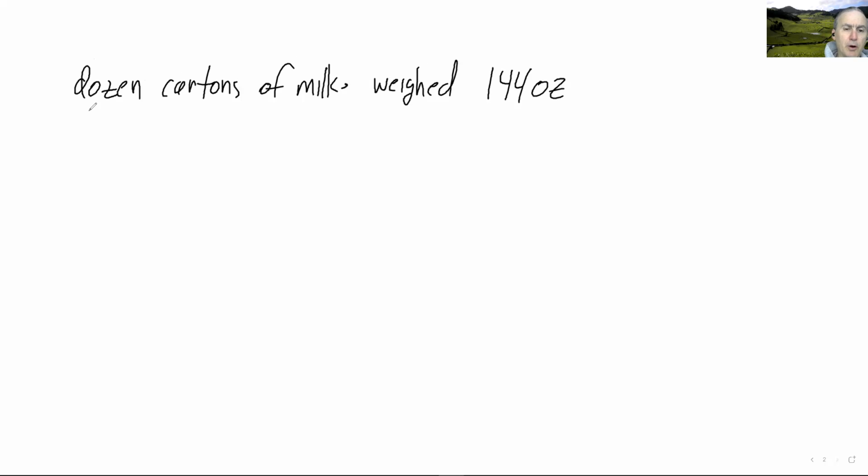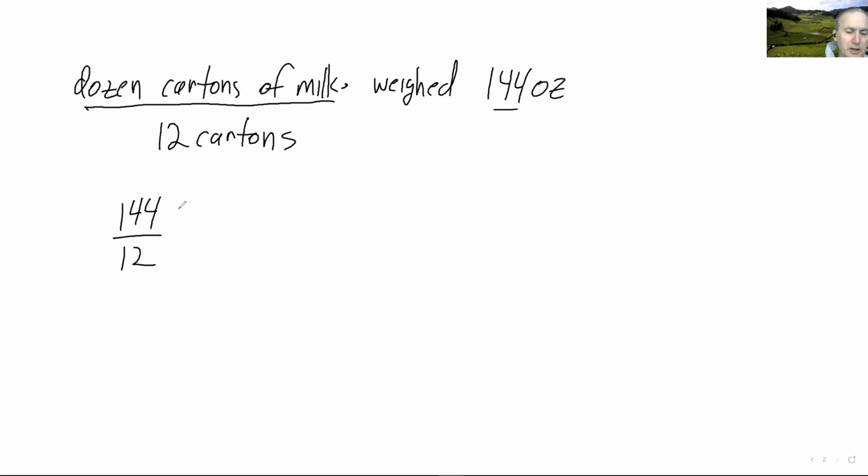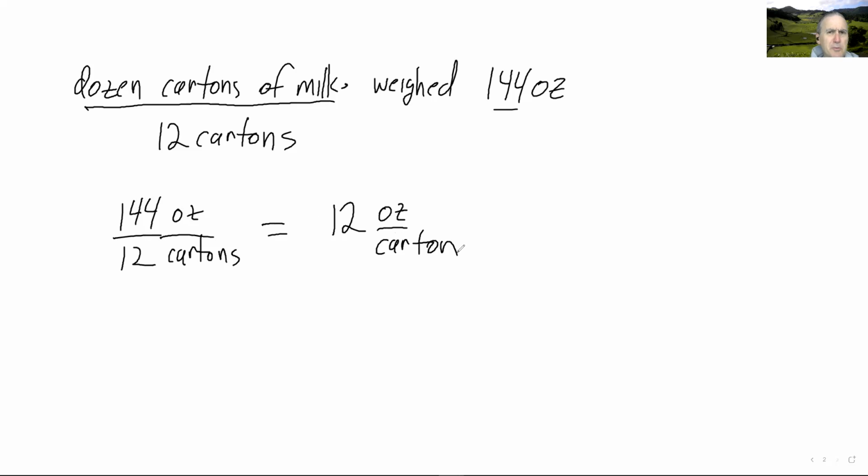Well, okay, there are a dozen cartons of milk, so that means there are 12 cartons. We know those 12 cartons weigh 144 ounces. So how much does each carton weigh? 144 divided by 12. And this is ounces and this is cartons. And we're going to come out with 12 ounces per carton. Right? Pretty simple. There's no magic in that.